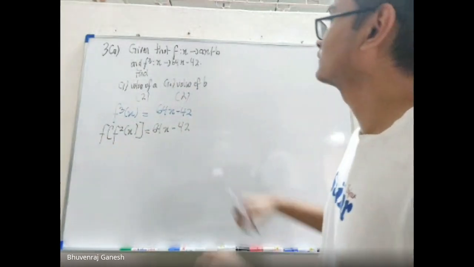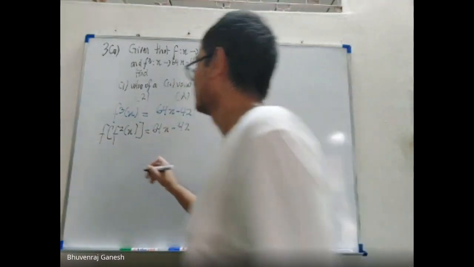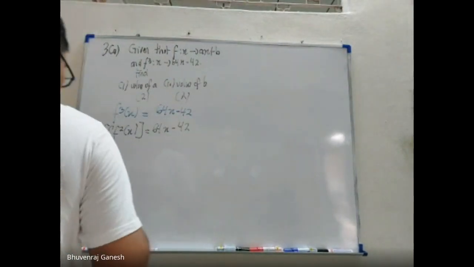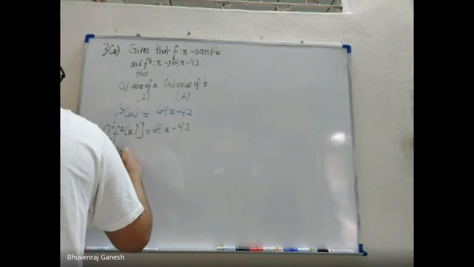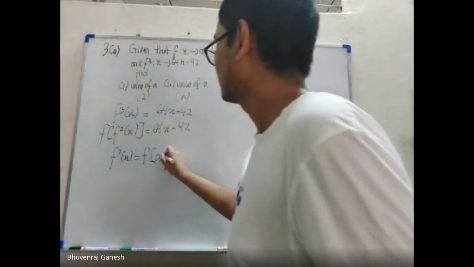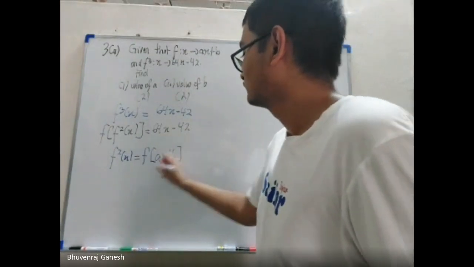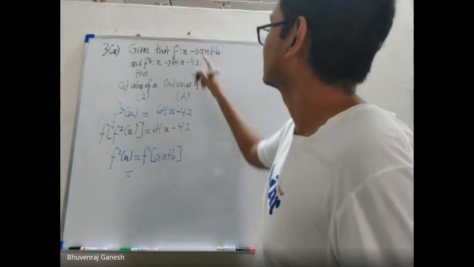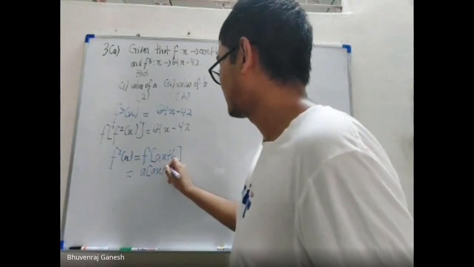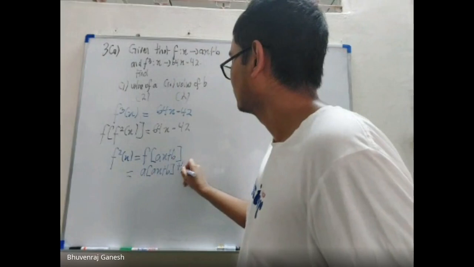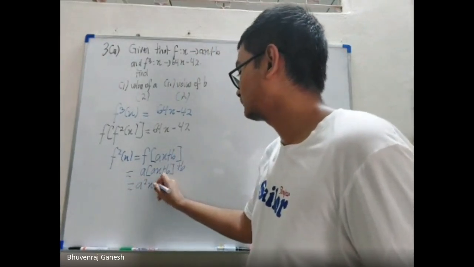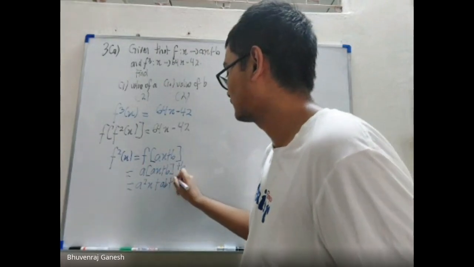So how to find f square x, we just double this function. So f square x will equal to f of f(x), which is ax plus b. So we sub the ax plus b inside the x there. So you'll get a(ax plus b) plus b. So you expand this one, a square x plus ab plus b. So this is your f square x.